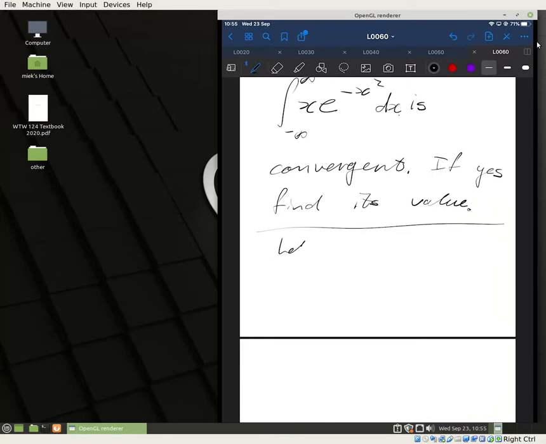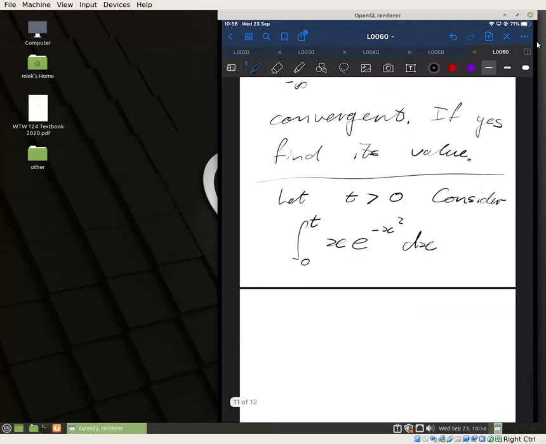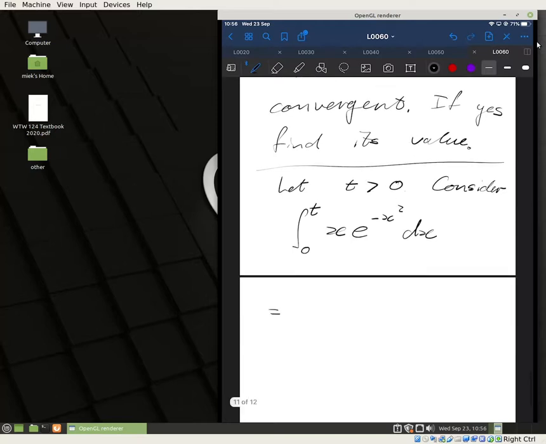So let t be bigger than 0, and let's consider the integral from 0 to t of x e to the minus x squared dx. Okay. This integral is easy.